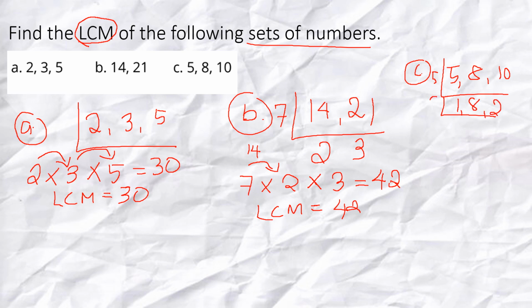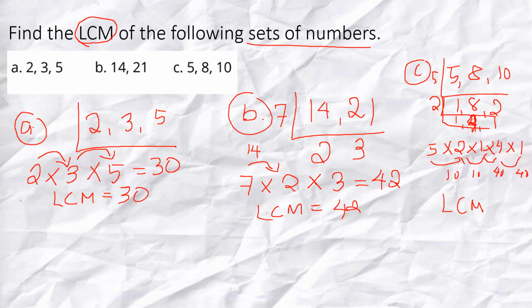We can still divide 8 and 2 by the number 2, bring down 1. 8 divided by 2 is 4. 2 divided by 2 is 1. So we can now multiply 5 times 2 times 1 times 4 times 1. 5 times 2 is 10, times 1 is 10, times 4 is 40, times 1 is 40.